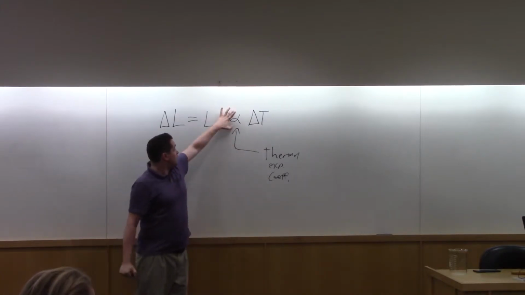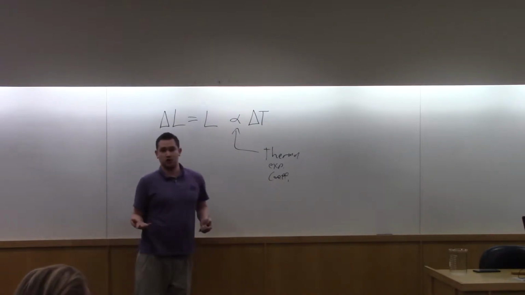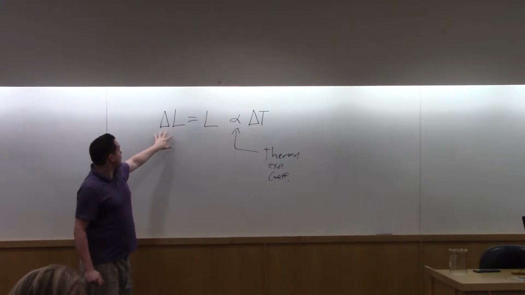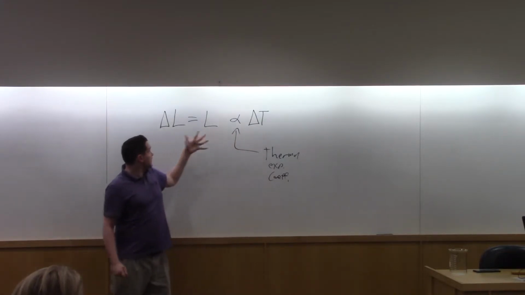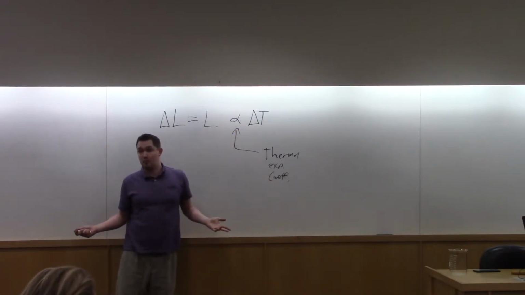And so this alpha is unique for each individual material, and it's just a number you look up. So even though it looks complicated, all the sentence is saying is that if you have an object and you change its temperature, its length will change. And depending on what object it is, depends on by how much.